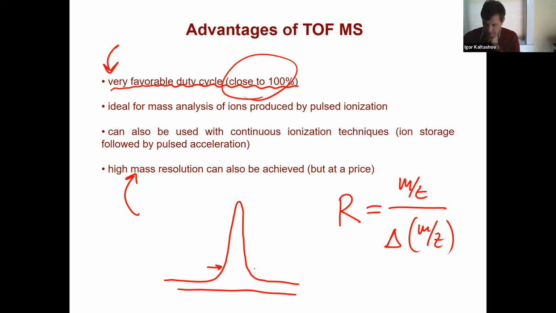Historically, it was 10% of the height. But now, unfortunately, and I have to admit it was driven primarily by marketing needs, people who market instruments always want to show higher values of resolution. So now you report peak width at 50% height.